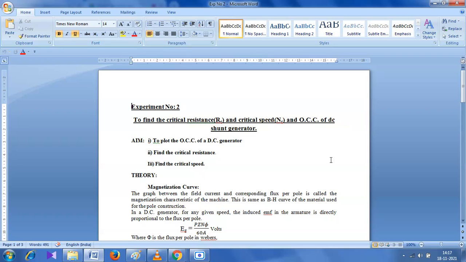In the previous class we have taken the readings, and after that we have to make a graph of OCC. Has anyone made it?